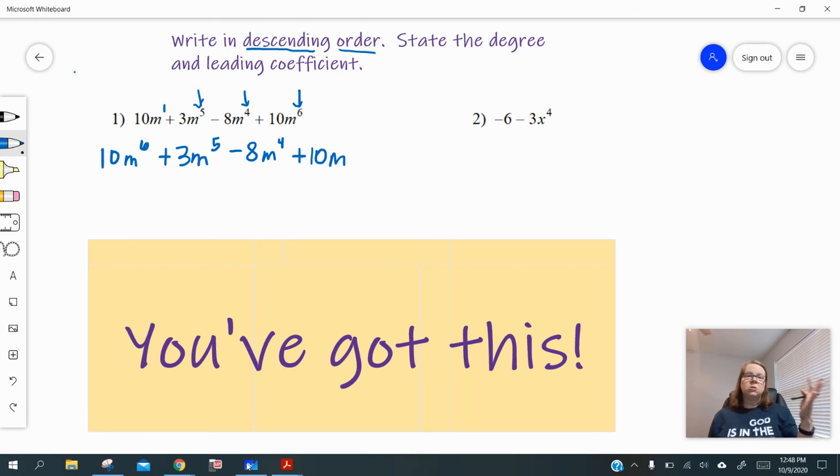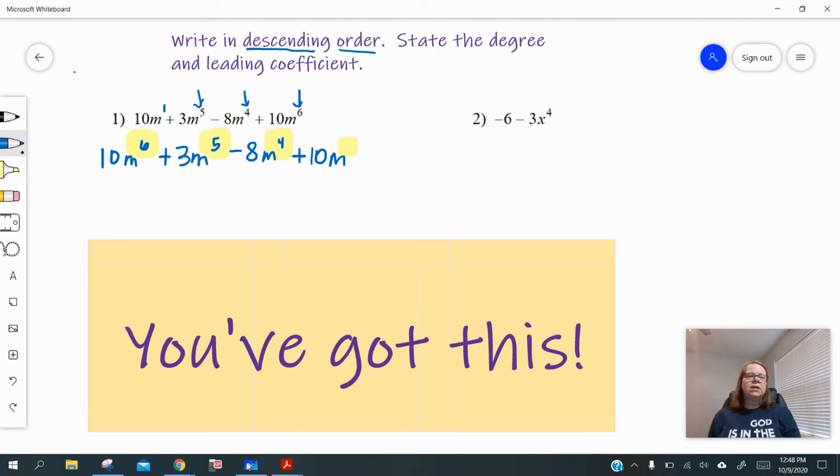And that's it. There's not just a plain number after that. If there was a plain old number like plus 17, then that's what would go there. But there's not one, so that's it. You're done with descending order because you've got your exponents in order from greatest to smallest. Remember, that's an understood one right there. Okay, so that's descending order.